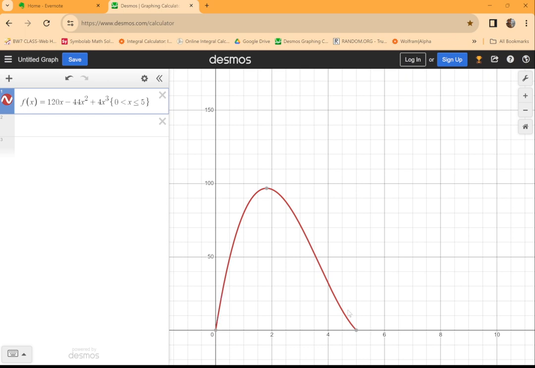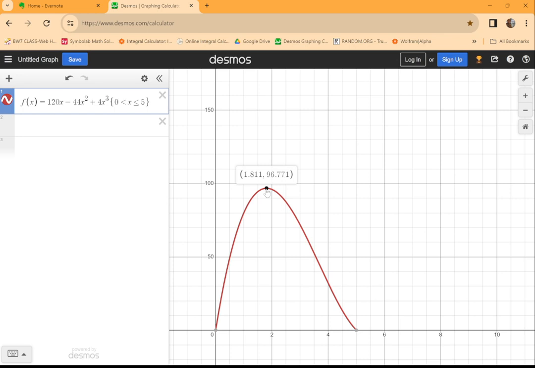But it also doesn't make sense to have a really tall one. This is a really tall one, and I get a really small volume. So there seems to be a sweet spot here, and we can see it here. That is the maximum of the function, right? But the maximum of this particular function is representative of the volume. So the max of the function gives us the max volume.